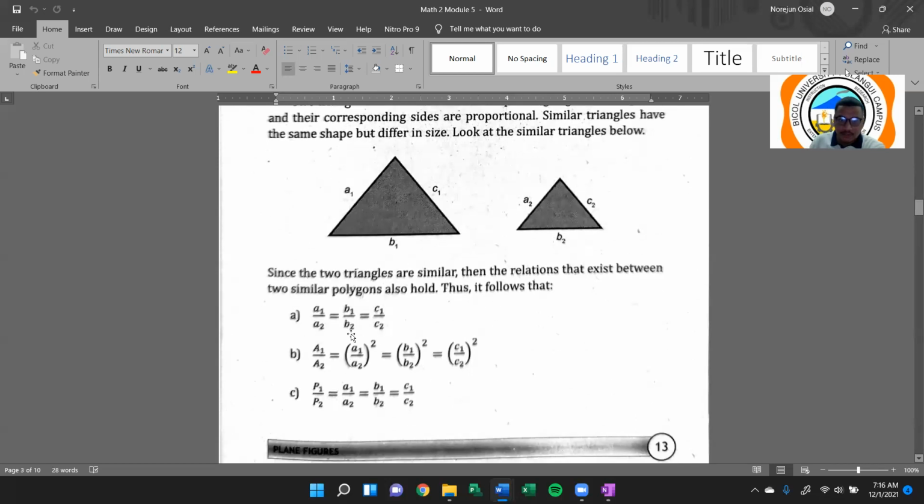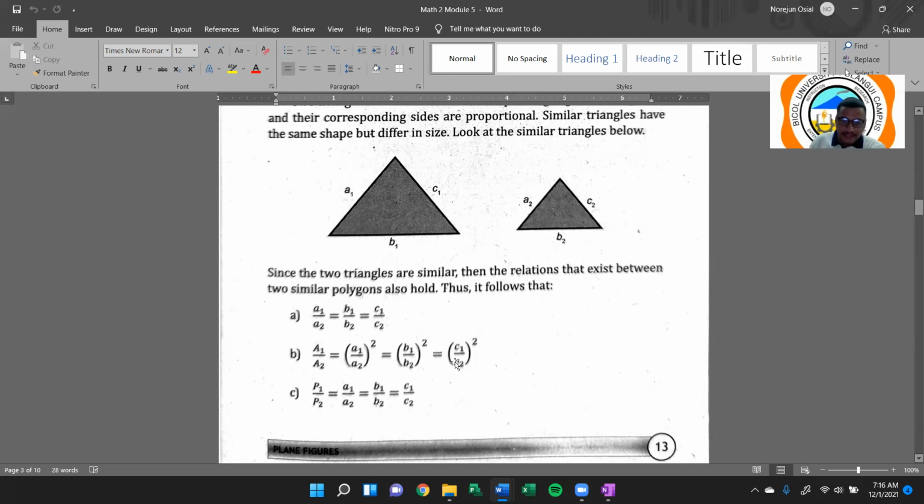Letter A shows that the ratio of two sides of a triangle is equal to the ratio of the corresponding sides of another triangle, provided that the two triangles are similar.